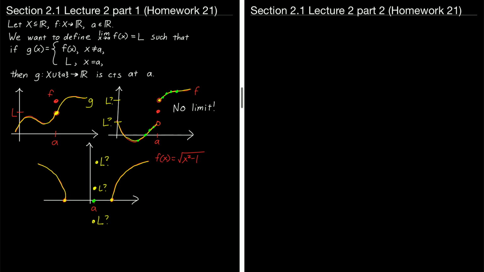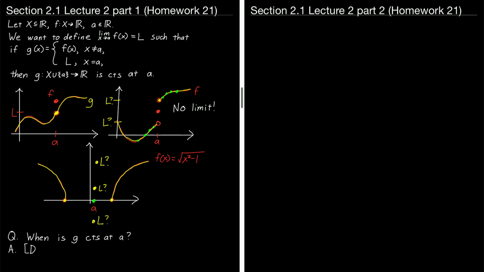Let's think about what exactly it means for our g of x to be continuous at a. We're trying to formulate a precise definition of limit, and notice we're going to want to try to avoid this situation where there are many possible values.